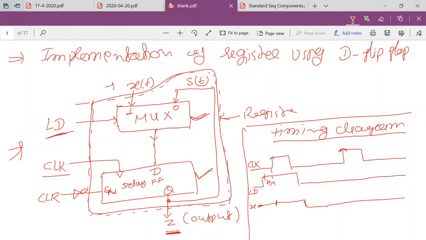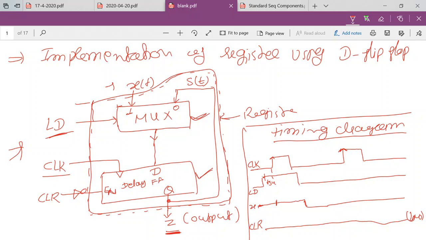Clear is 0. Let me draw the clear signal also. So the clear signal is 0 throughout the time. It is low. So in that case, clear is 0, load is 1, so whatever the input X is would be at the output side.